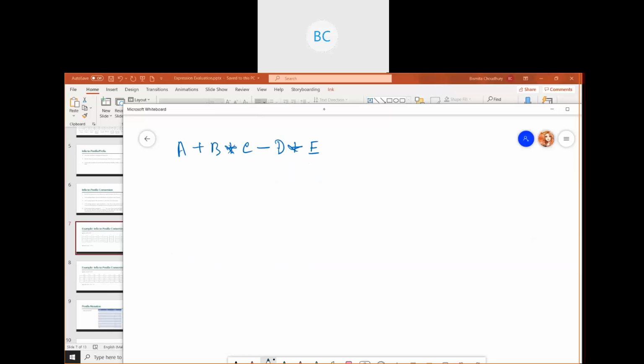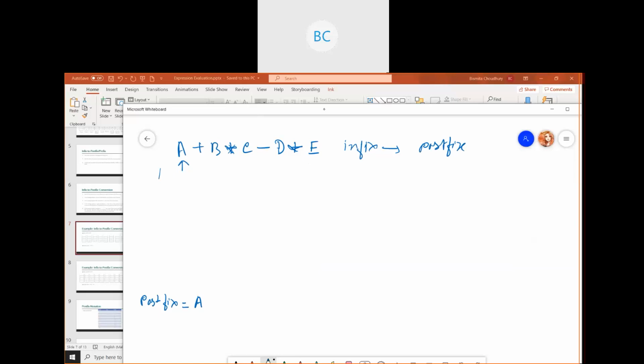So what's happening here? We need to convert this infix to postfix. Correct? So first we will scan it. First we have A, and we also have a postfix portion. So first is the A. So we will put A into our postfix notation.